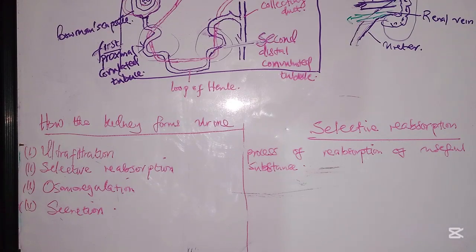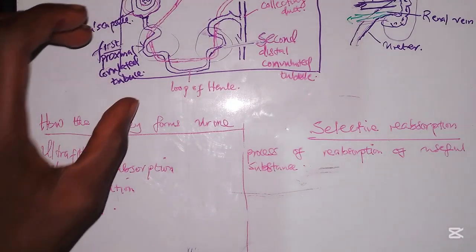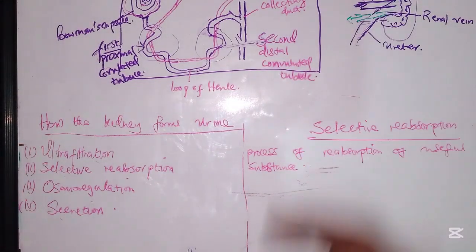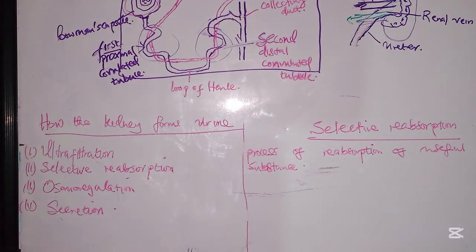So that brings us to our next point, which is the location. So selective reabsorption occurs in the convoluted tubules, meaning the first and second convoluted tubule. That's where selective reabsorption takes place. So what are the substances now which are reabsorbed?